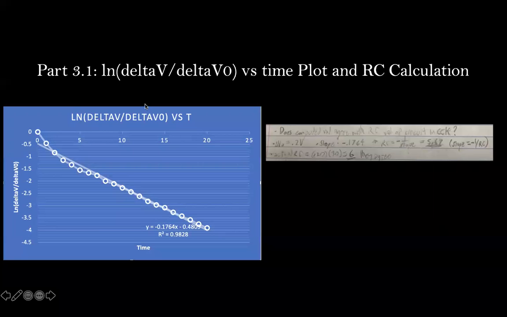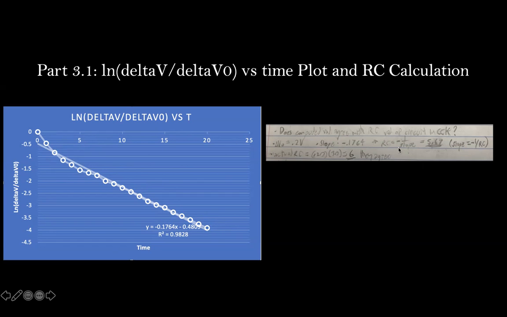Part 3.1, ln of delta V over delta V naught versus time plot and RC calculation. I recorded the information for this using the potential difference I got over 20 seconds, and I plotted it. Then I used the slope to calculate the value of RC.